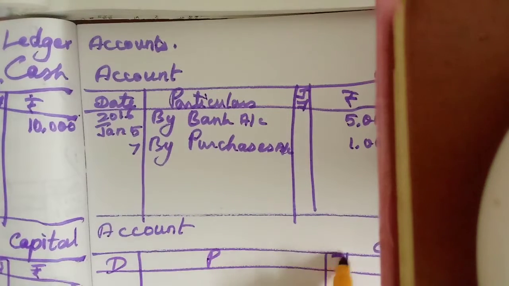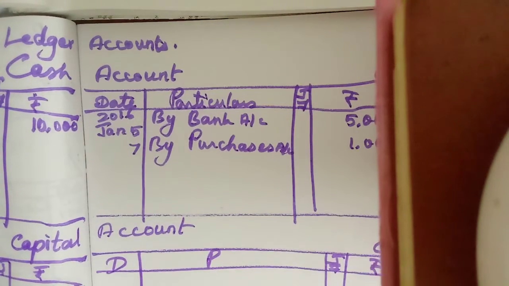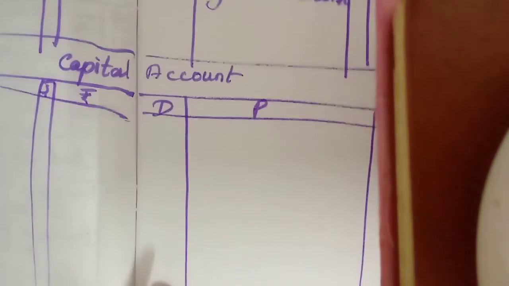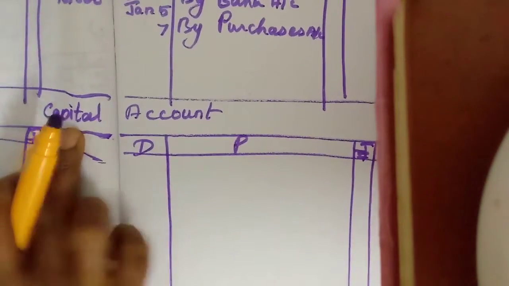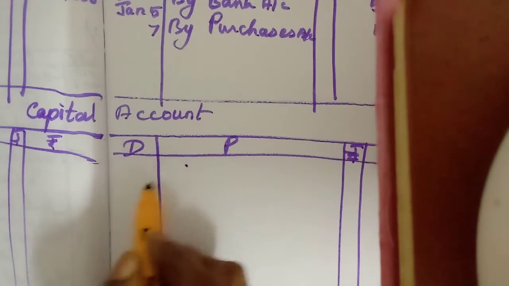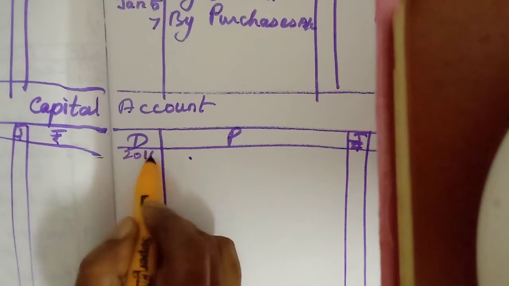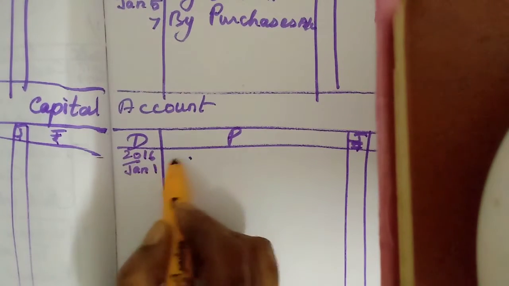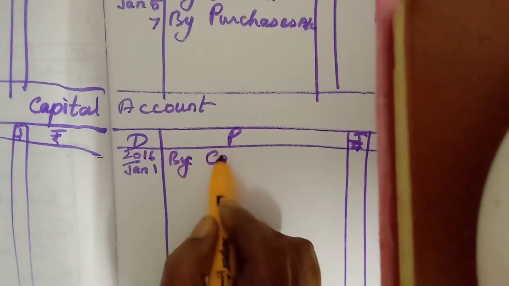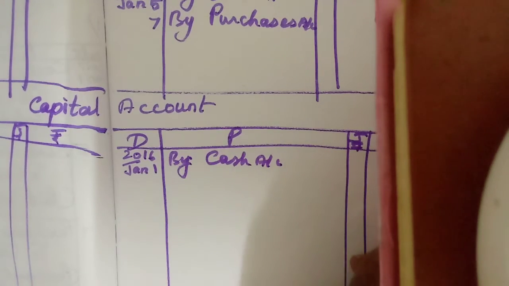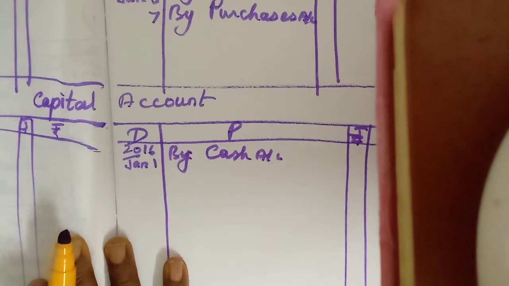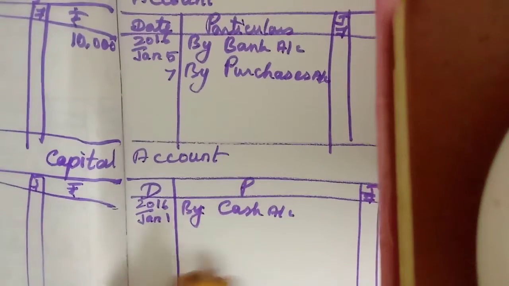Date, particulars, JF, rupees. There two amount columns will be there, we have to use the second column. Now capital account is credited: cash account debtor to capital account. So on the credit side we should write the date, January 1, by cash account, 10,000. Now the second and third ones have only one entry each.